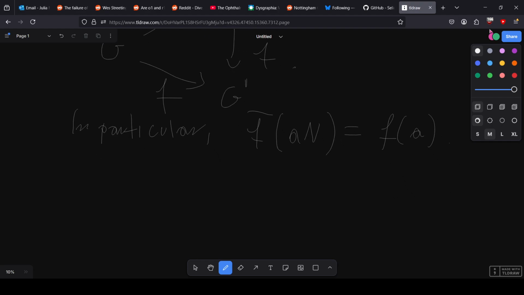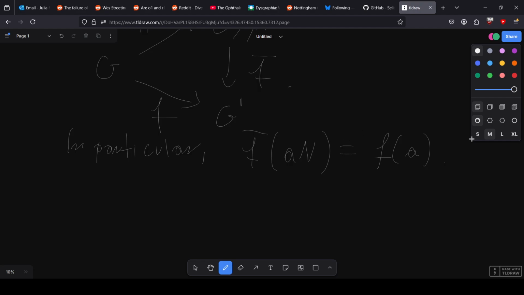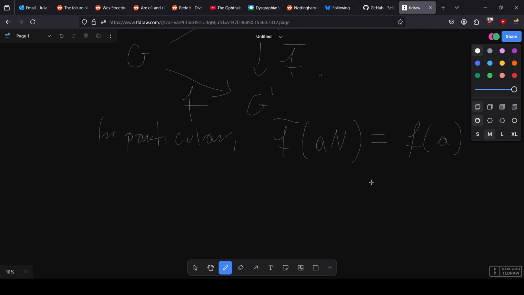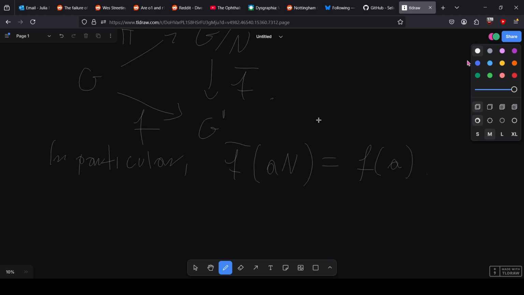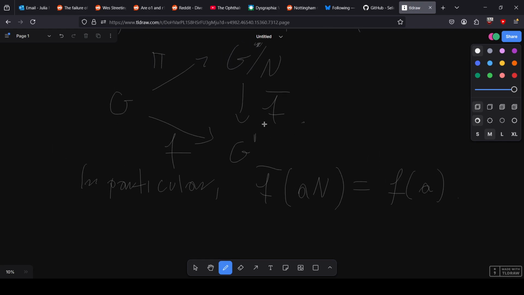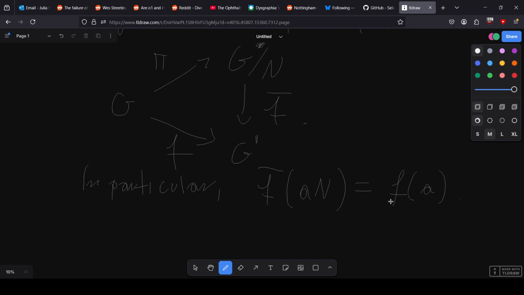So the proof here generally goes very similar to the mapping property of the free group. The way you would do this is you define the homomorphism as is given here.